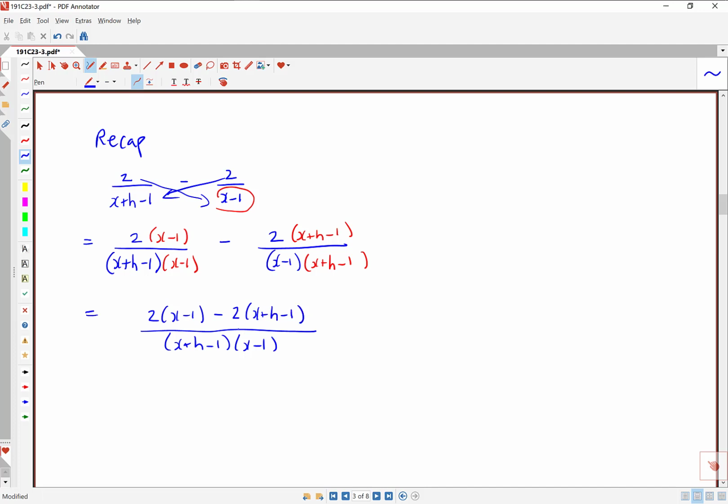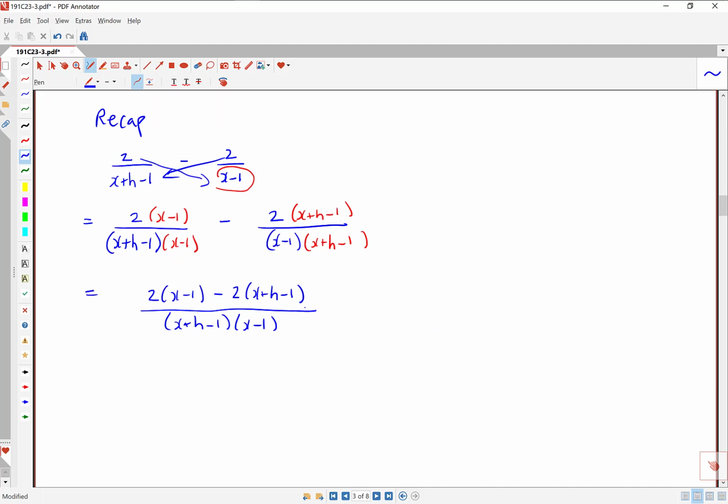So that way of thinking about it works particularly well when there are just 2 terms. But if you had, say, 3 terms, some fraction plus another fraction minus another fraction, then this process of thinking about what factor is missing and multiplying that on the top and the bottom is really the rigorous way to go.